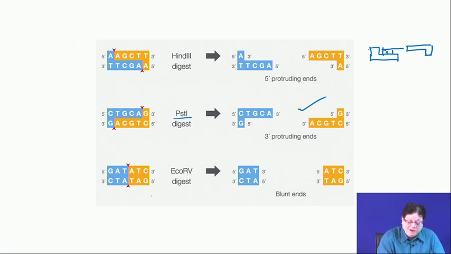There is another type of cleavage called a blunt cut, done by EcoRV. EcoRV recognizes GATATC, again a palindromic sequence, but it cuts straight away at the same point, and that gives what are called blunt ends.